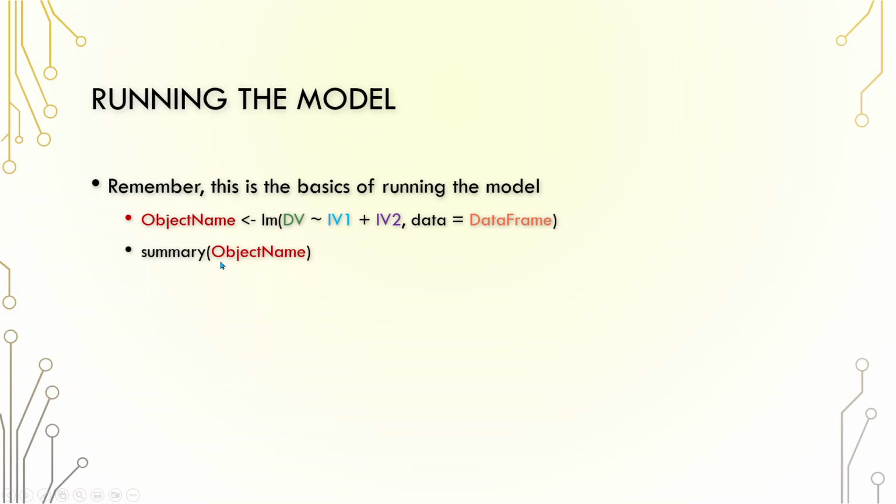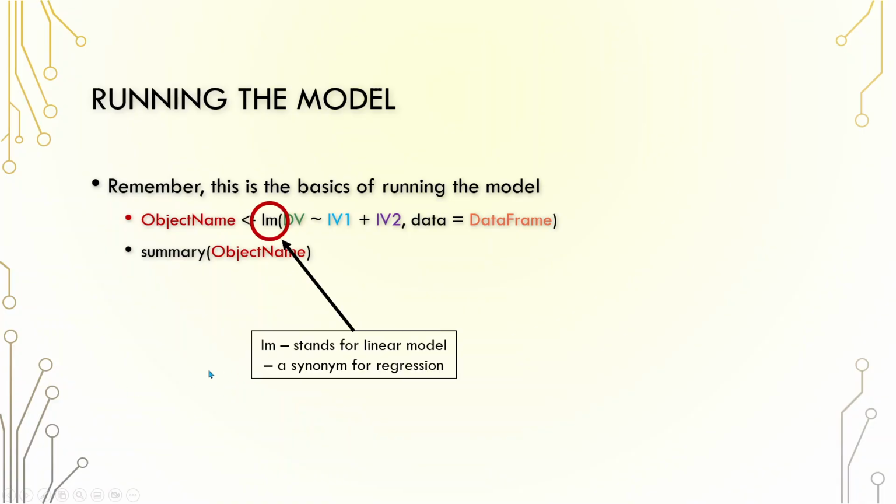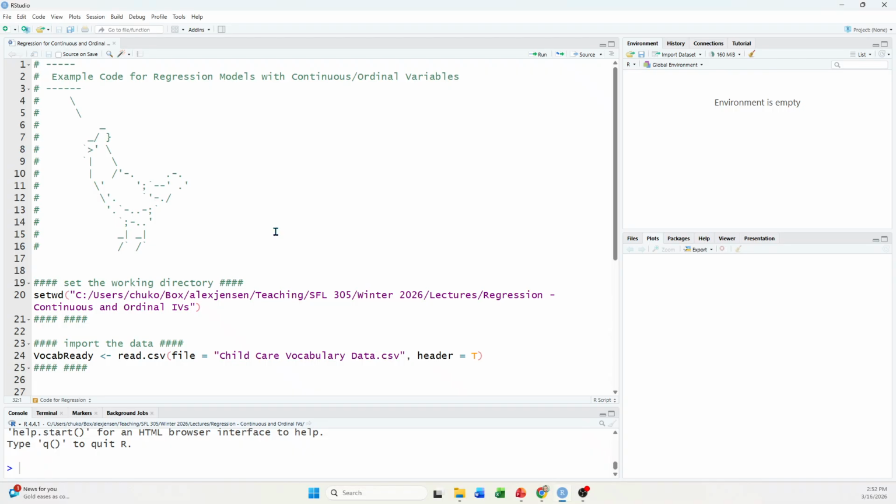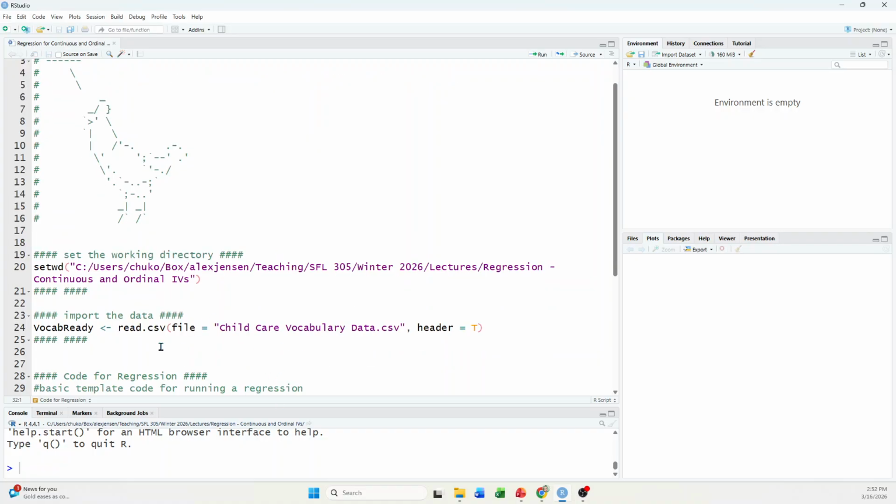And then this line is going to pull up the output in a form that's a little easier to look at. Just to highlight, lm stands for linear model, which is another synonym for regression. We talked about linear regression as a name for this.